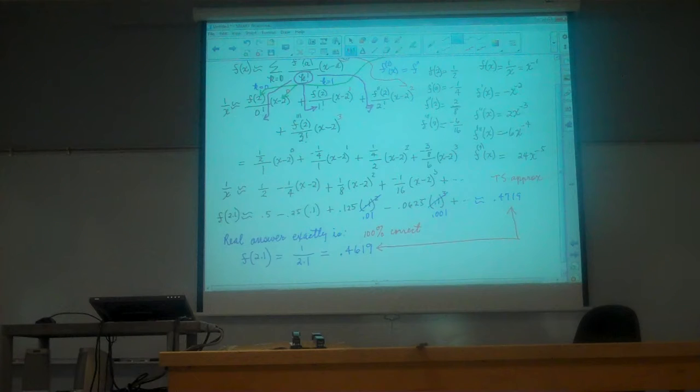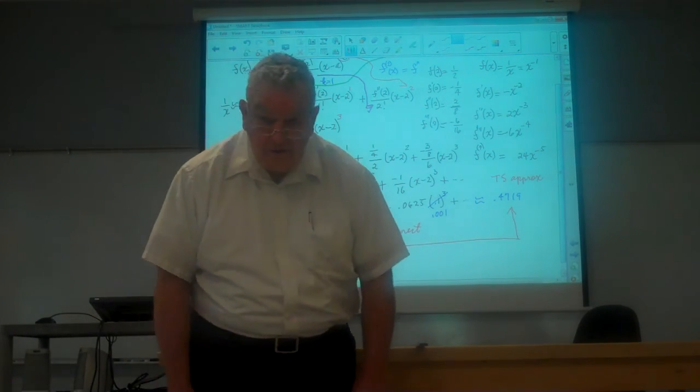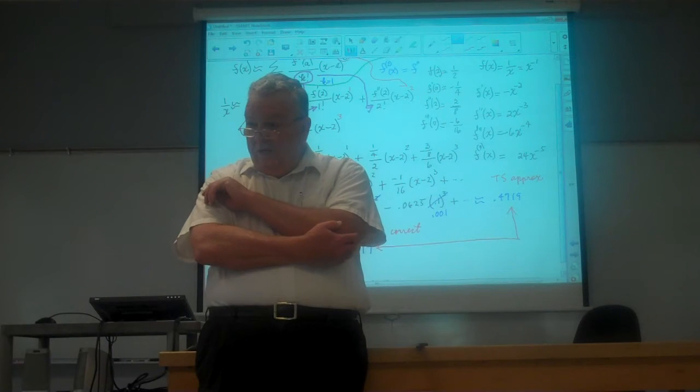Now, you're going to have instances where you don't know the number, right? In that case, you're going to do as many terms as you can stand to do. And you know what's one of the best things to do a Taylor series on is a spreadsheet.